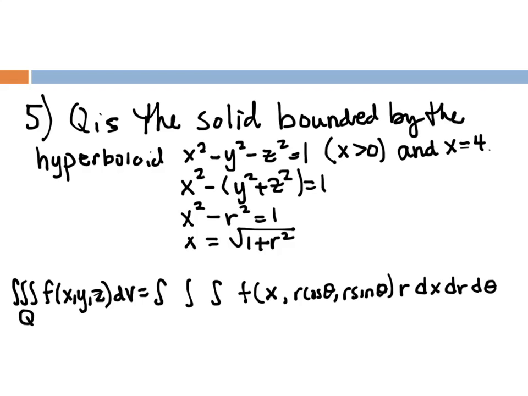Okay, so now what are my limits of integration on x? I mean, x is the innermost of my triple integrals. So what's my lower value for x? I don't think so. Hang on. Maybe I was right. You were right.